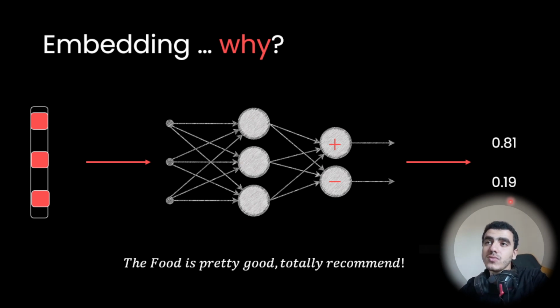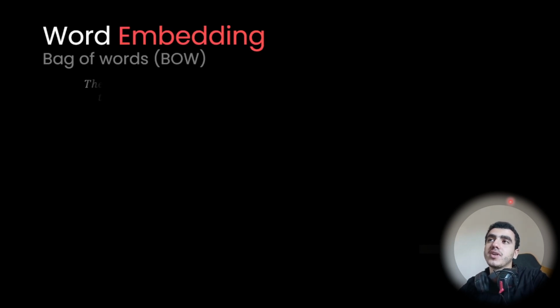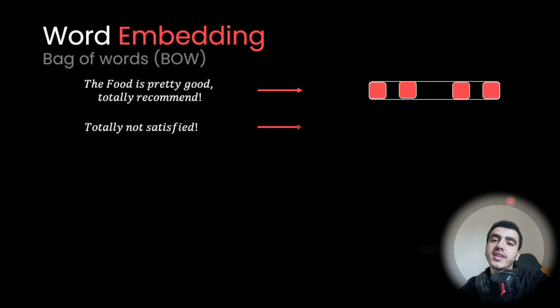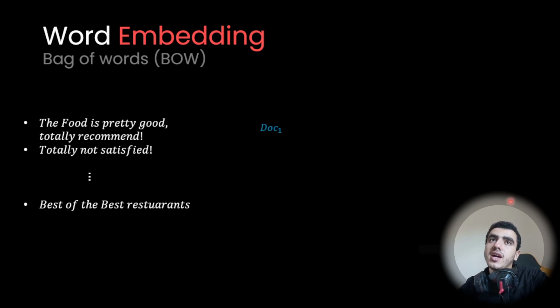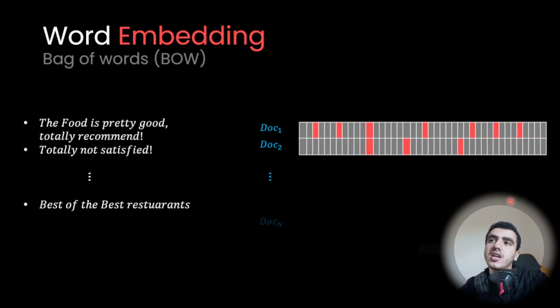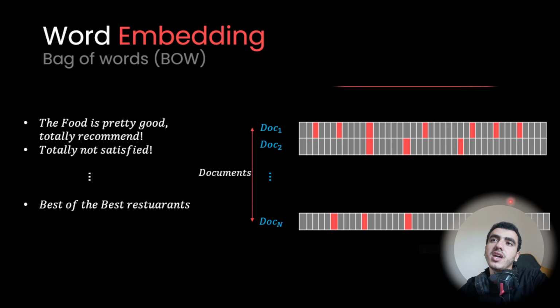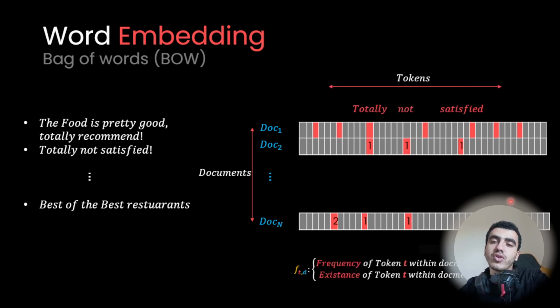Okay, starting from the first approach, which is the bag of words. Bag of words is nothing but counting, or checking, the existence of a token within a document or a review. For example, here I have this huge matrix, with the number of documents on the rows and the number of tokens of the vocab on the columns. So each document gets a huge vector.